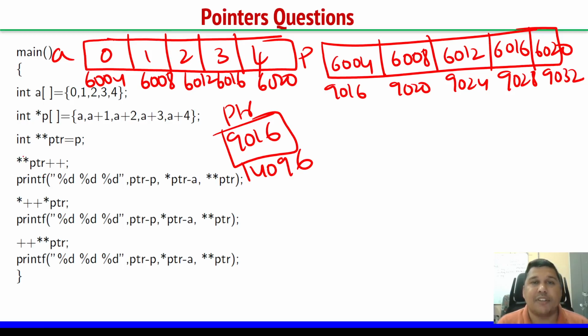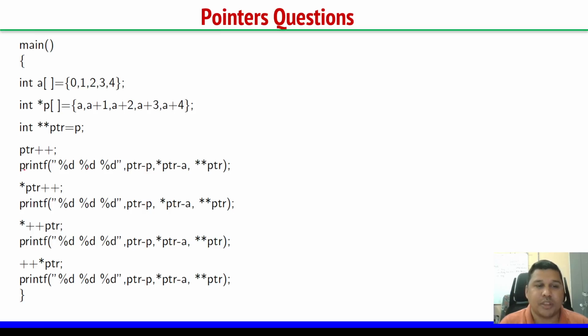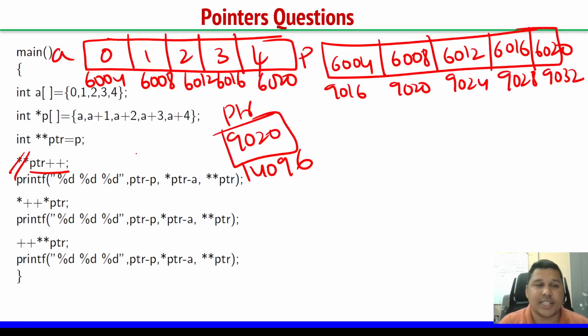We said that the leftmost stars can be removed, right? Leftmost stars have no significance. So it is simple as this, PTR plus plus. It means this will become 9020. So when it is 9020, it is same as this problem. So what answers we had here? In the first case, it will give 111.